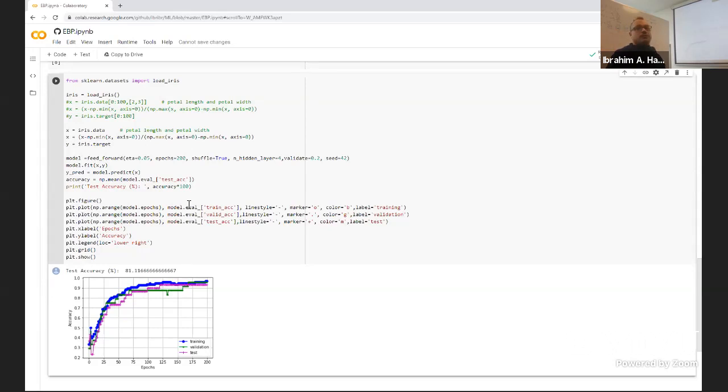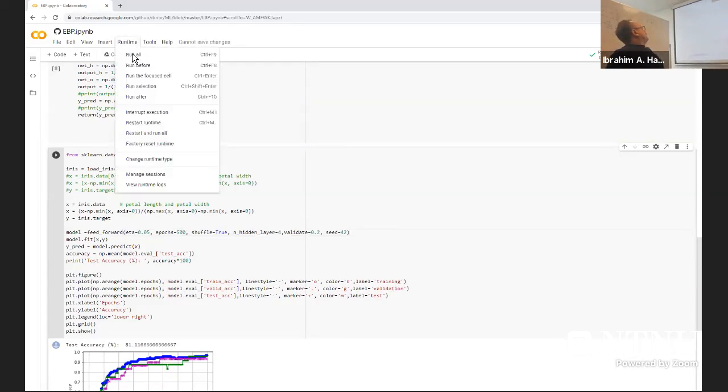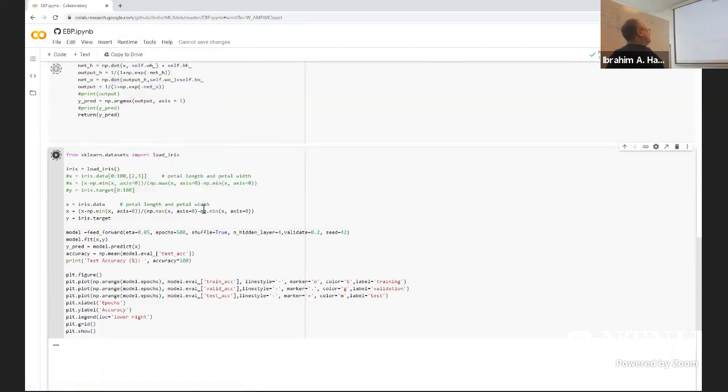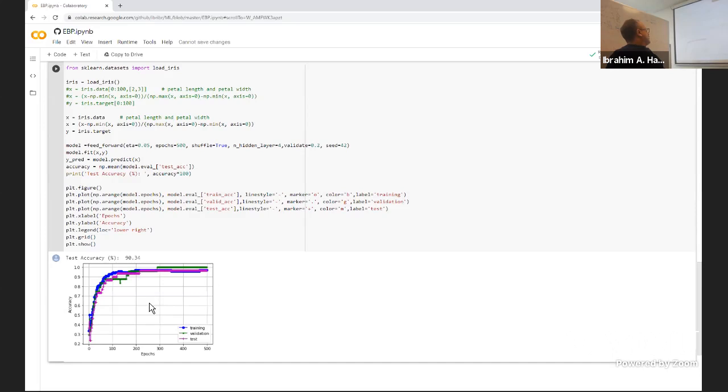So it's improved, which means we need more time for training. Yes, so now we can reach 90% accuracy.